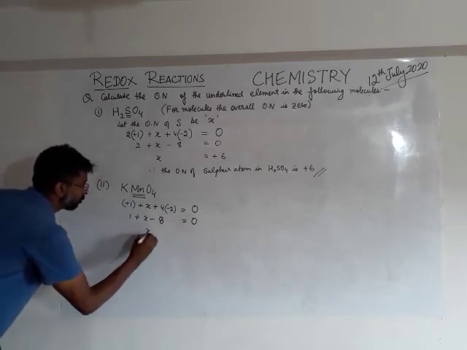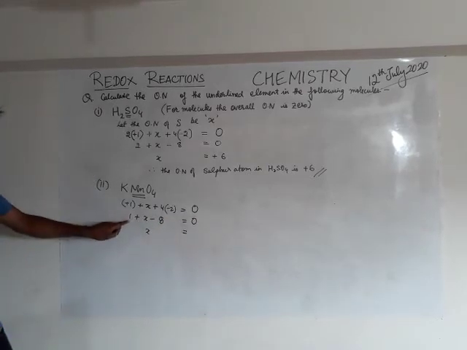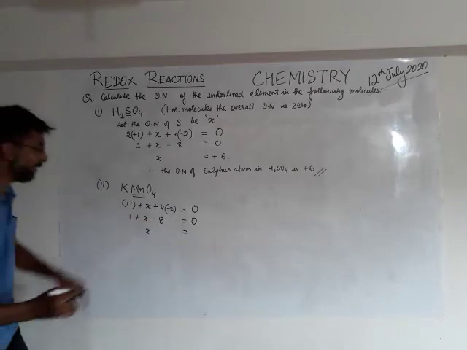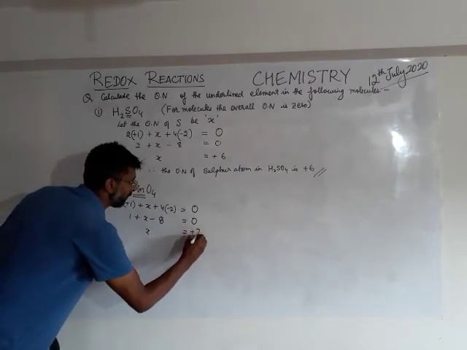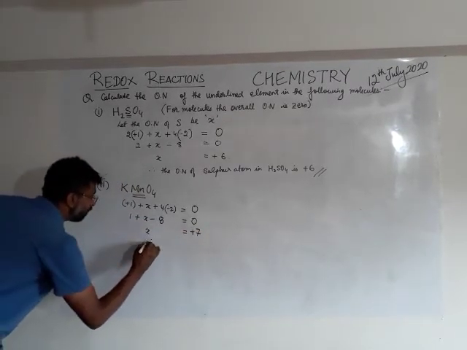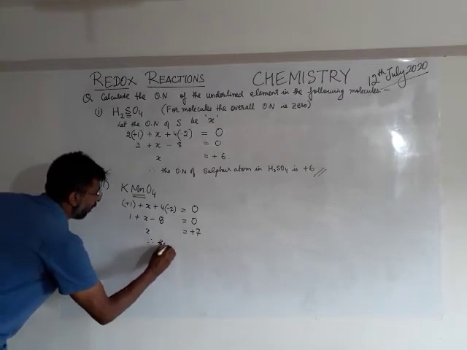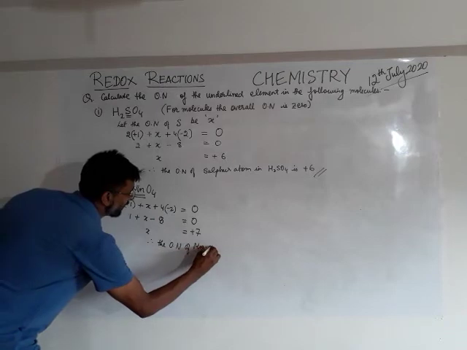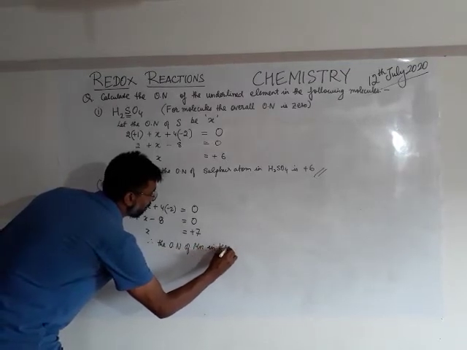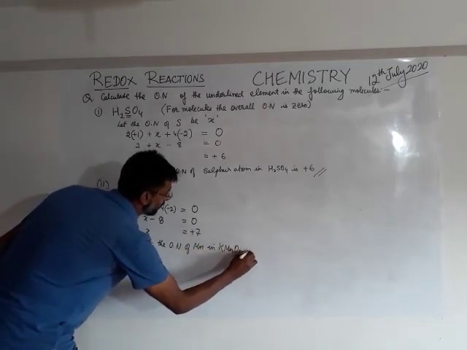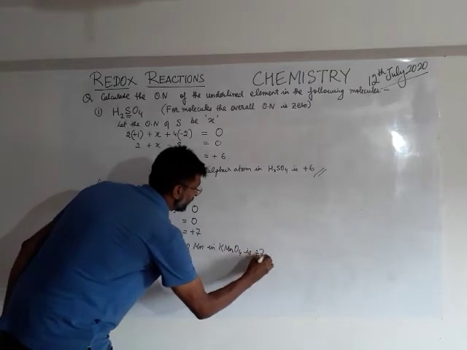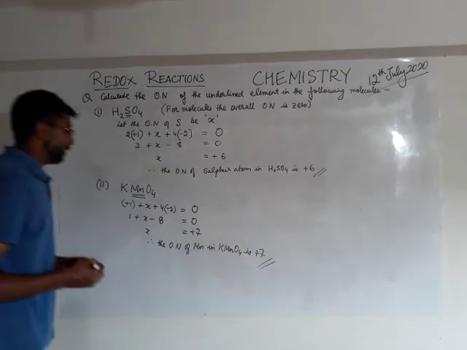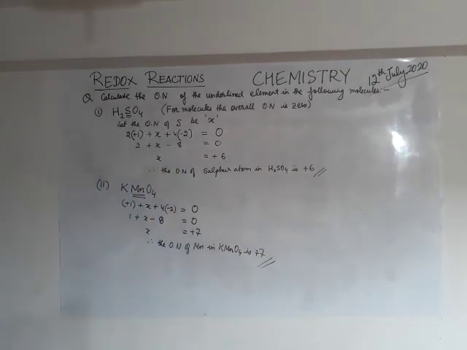So X is equal to 1 minus 8, which is -7. So this side I will get +7. So we can write down the answer. Therefore, the oxidation number of manganese in KMnO4 is +7. This is how we must write the answer. This is the second example to calculate the oxidation number of the underlined element.